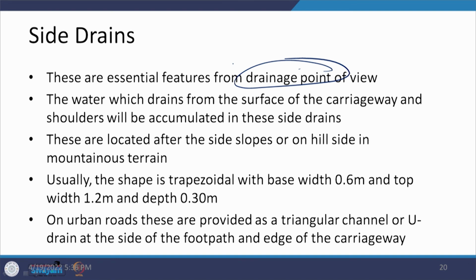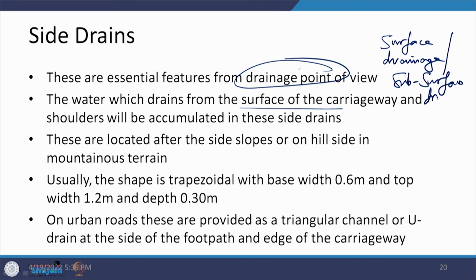Now, drainage can be a surface drainage, that means at the top of the carriageway, or it can be a subsurface drainage, that means there is water getting accumulated in the lower layers and we need to drain it out. So, these two things may happen. So, you may have surface drainage or you may have subsurface drainage.